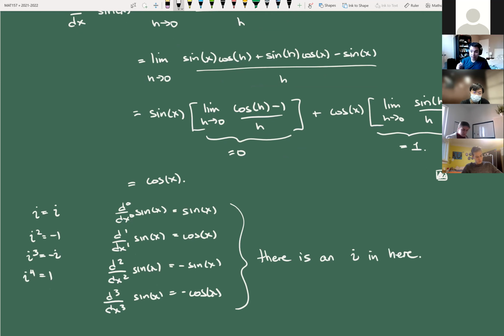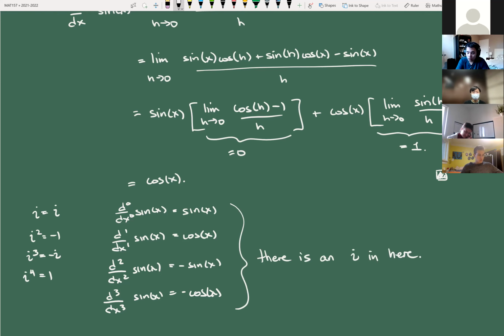There is an imaginary number hiding inside of sine and cosine, which is precisely responsible for this fourfold periodicity. It is 100% the fact that we get this. There is secretly an i hiding in the definition of sine and cosine, which is precisely the reason why we get this fourfold periodicity.